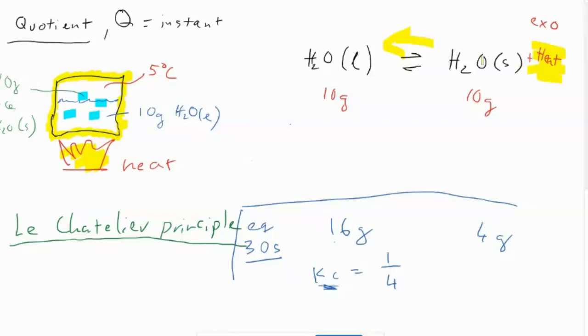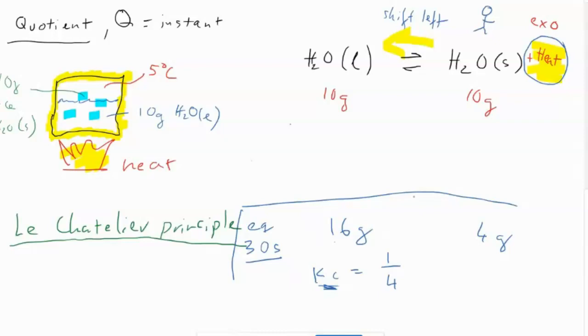So imagine a person standing over here, and this side started to become stronger. It's going to push the equilibrium to shift over that way, right? So the equilibrium will shift left because you increase the heat.